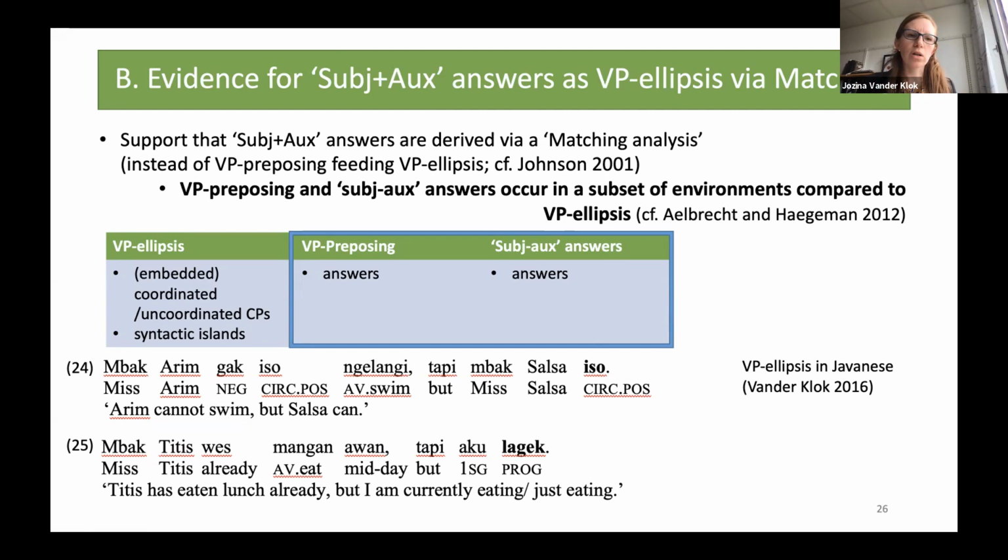VP ellipsis is also licensed in embedded contexts as well as in syntactic islands, whereas VP preposing and subject auxiliary answers seem to be only licensed as answers. So they're much more restricted in the set of syntactic environments.